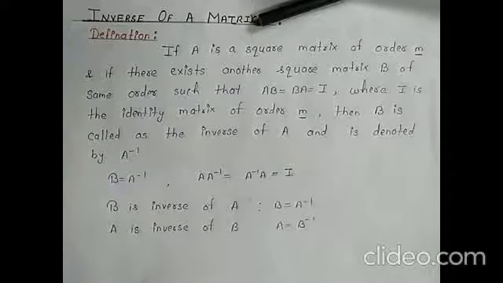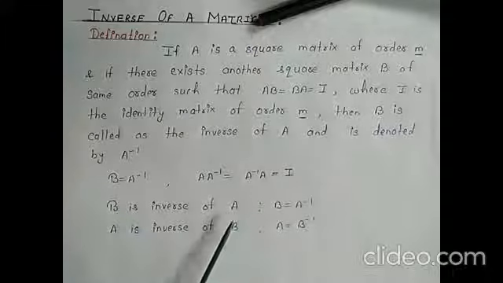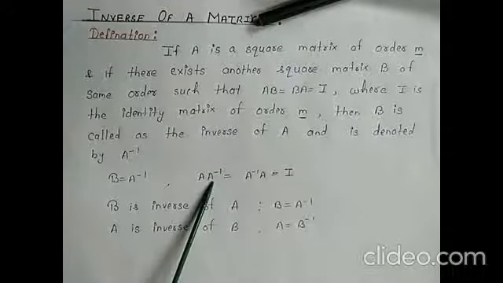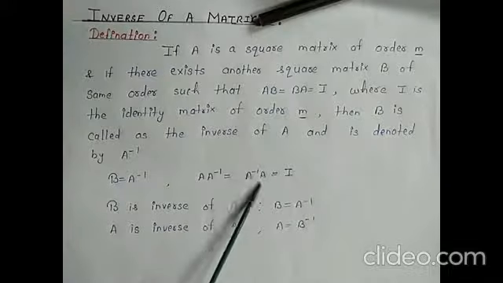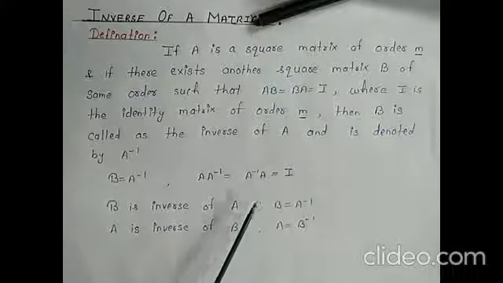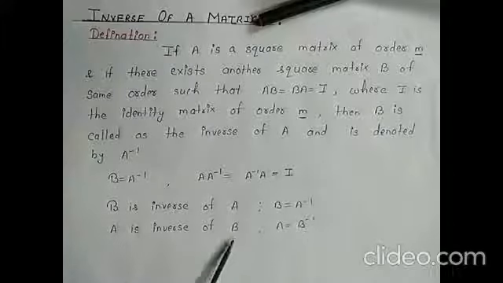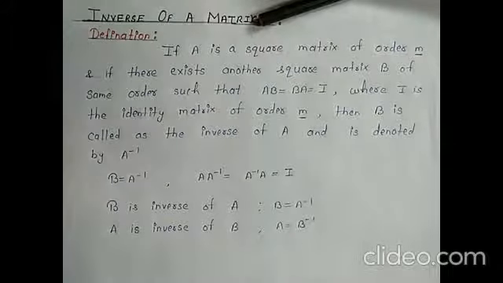Therefore, we can say that B is inverse of A. Here B equals A inverse. In this case, I can say that A is inverse of B. I can write A equal to B inverse also.